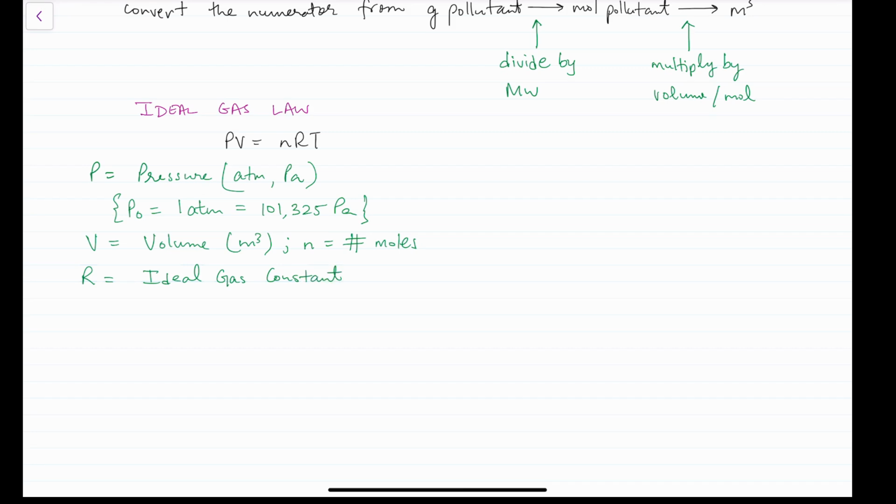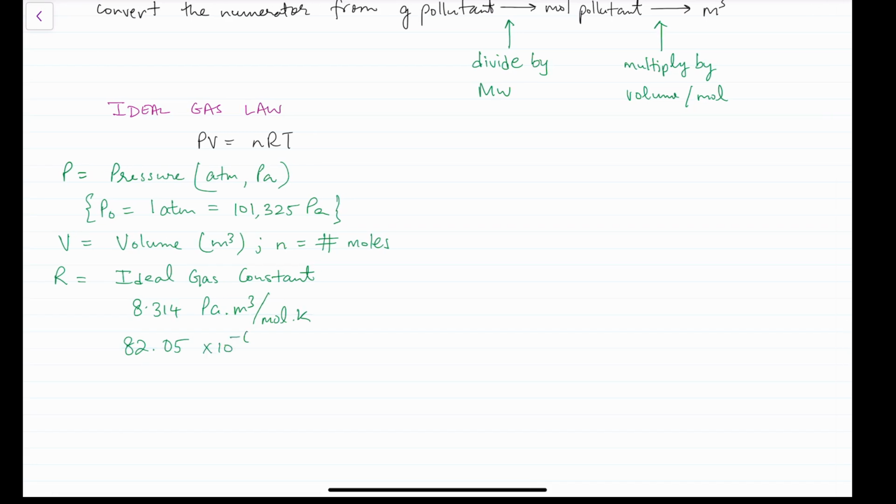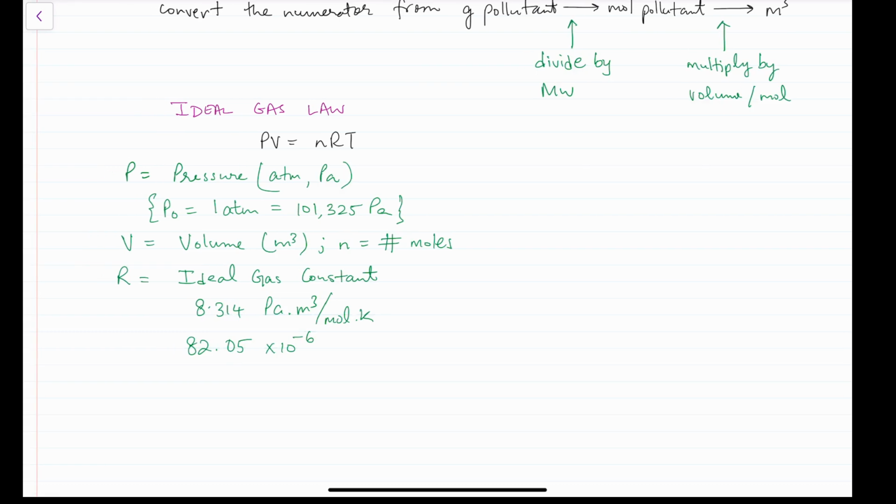And some of the values used for R are 8.314 pascals meter cube per mole Kelvin, or more commonly we will be using 82.05 into 10 to the power minus 6 meter cube atmosphere per mole Kelvin, and also 0.0821 liter atmosphere per mole Kelvin.